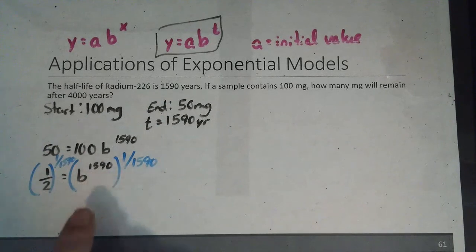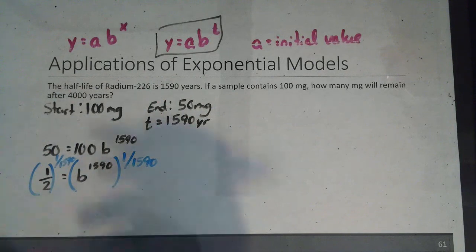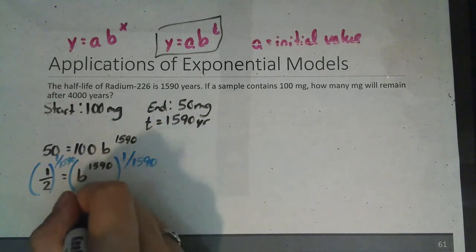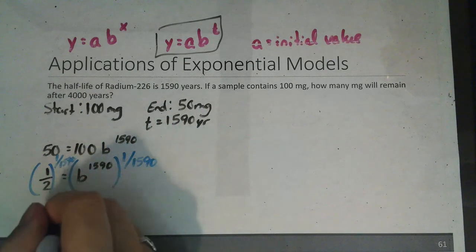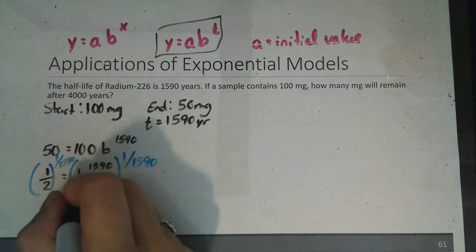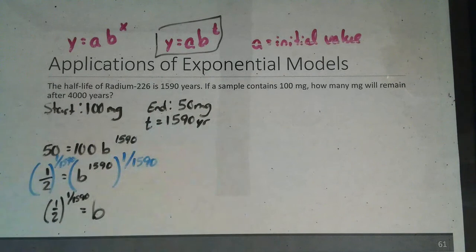And that would just give us b to the first, which is b. So we're getting b by itself over here. So we get b is equal to, on the left-hand side, we have 1/2 raised to the 1 over 1,590 power. We can leave it just like that. So we now know what b is.